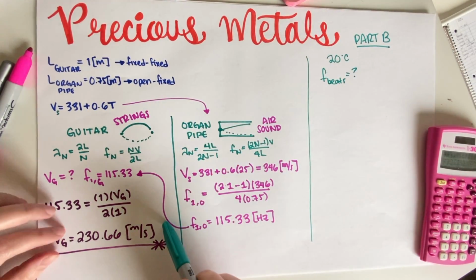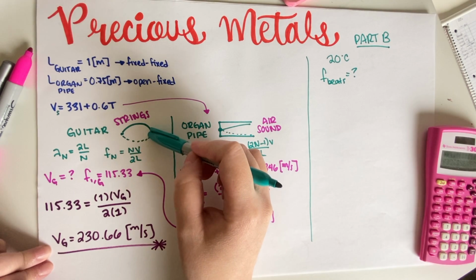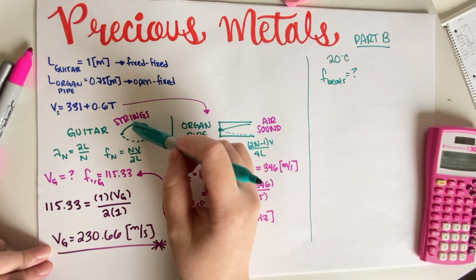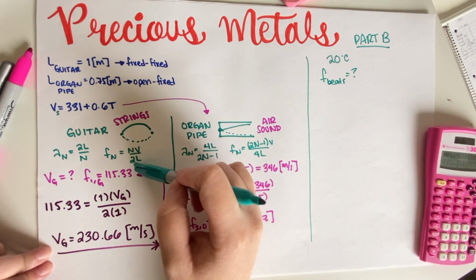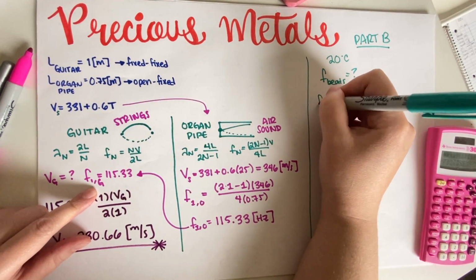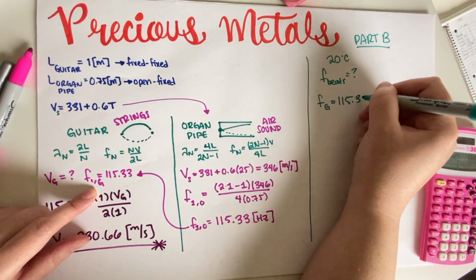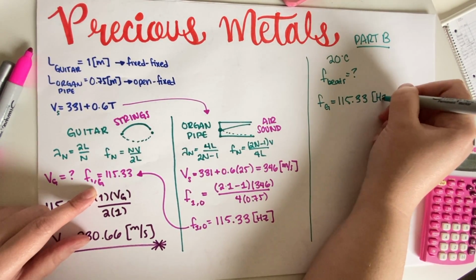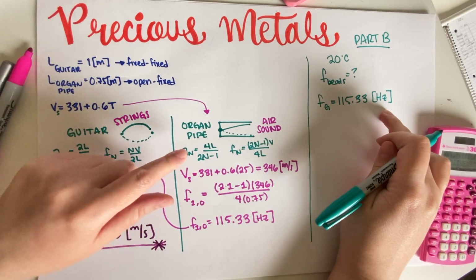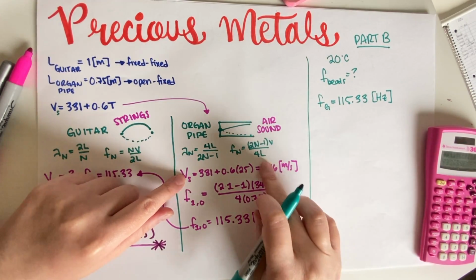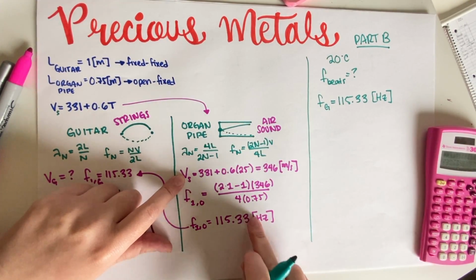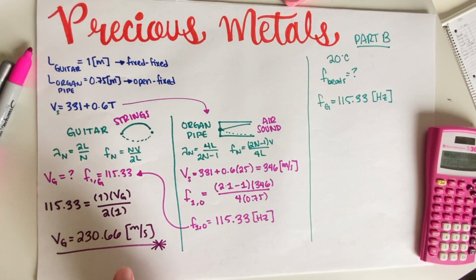Okay, so basically, for the guitar string we're going to have the exact same velocity, so for the guitar we're going to have 115.33 hertz. But now the velocity of sound changed, so this number is going to change. So we just need to recalculate it.